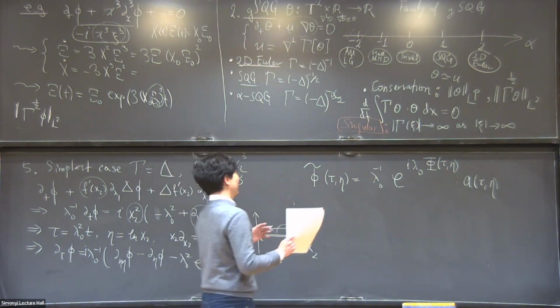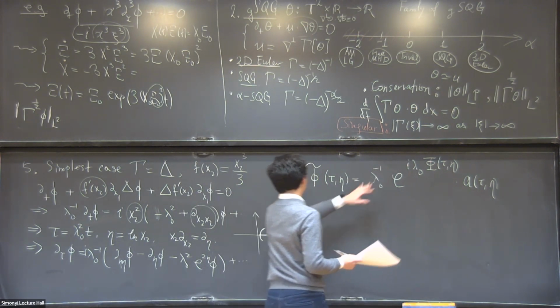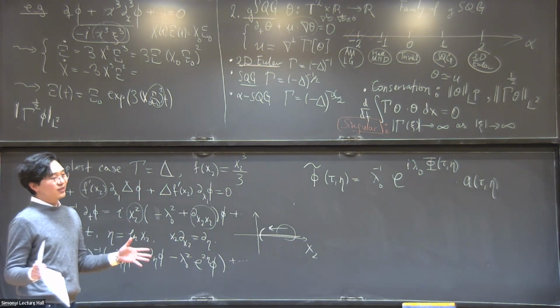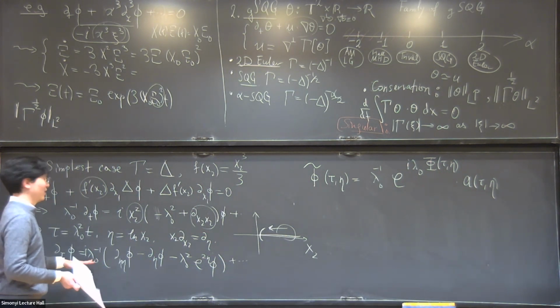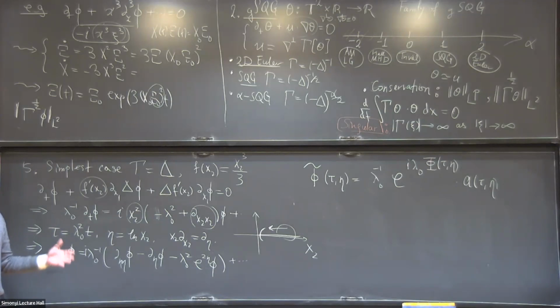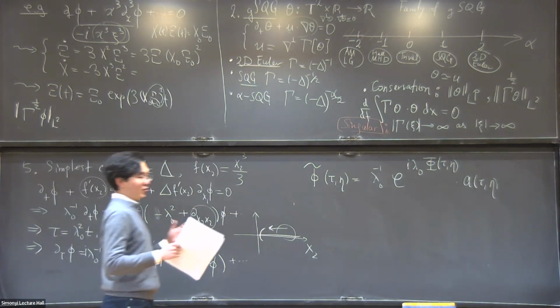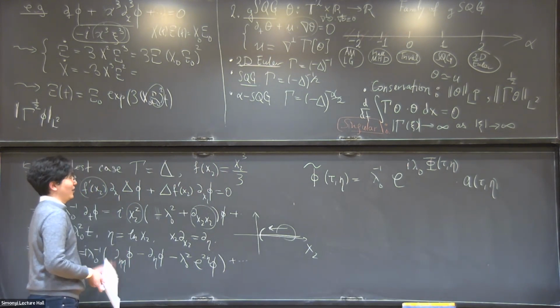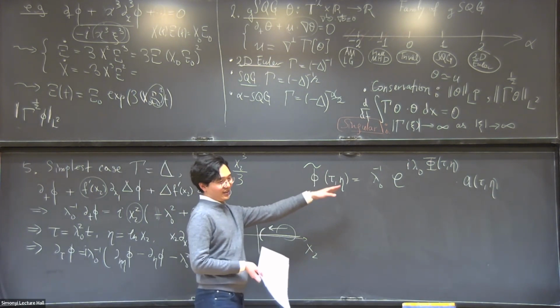So you just brute force plug in this ansatz into the equation, and you can group the terms in order of powers of lambda. As a general rule, the highest power comes when all the derivatives hit the phase.